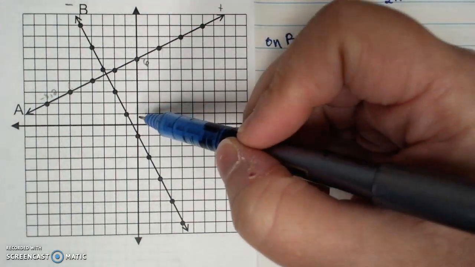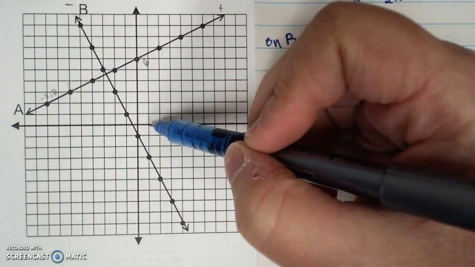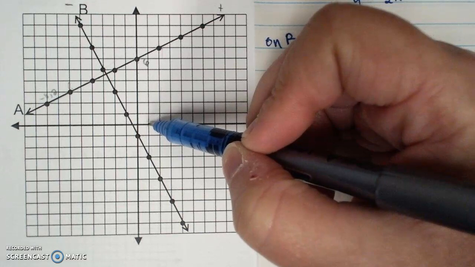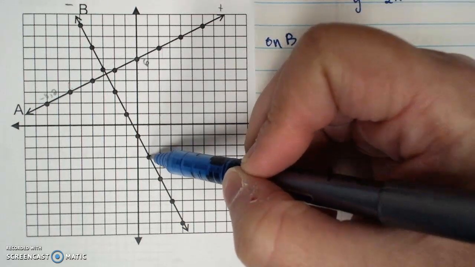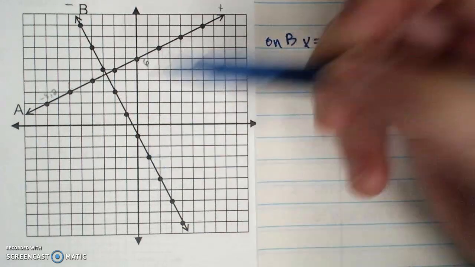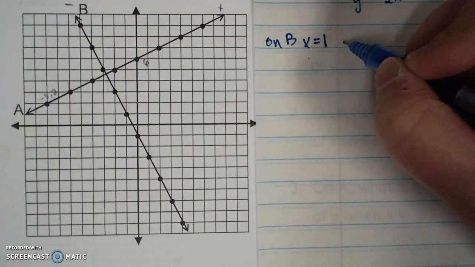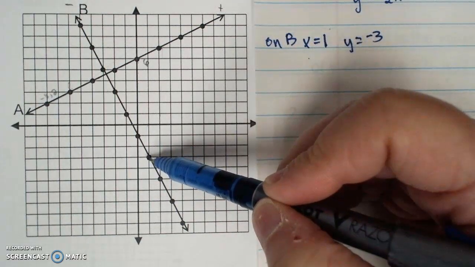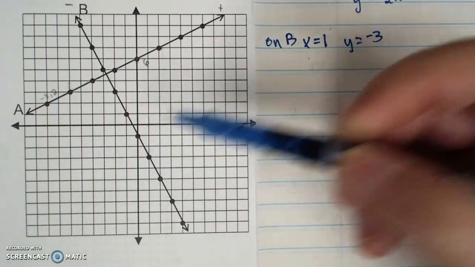So on B, I go to x equals 1, and it's right here, and that would be y equals -3. So I went to 1, I went down to the line B, and that's at -3.